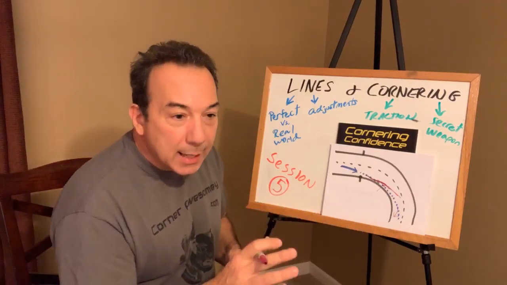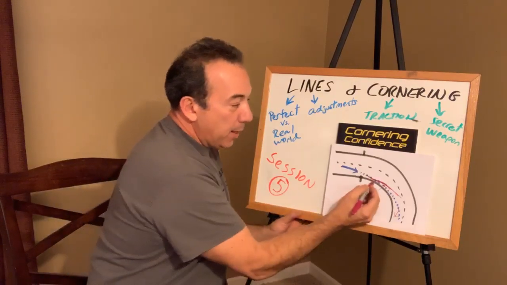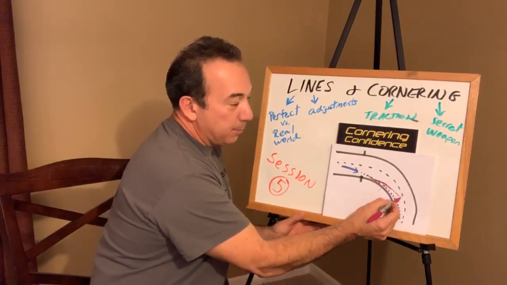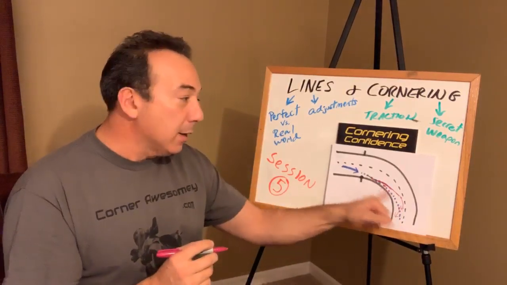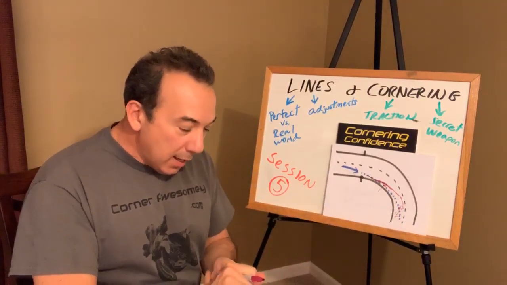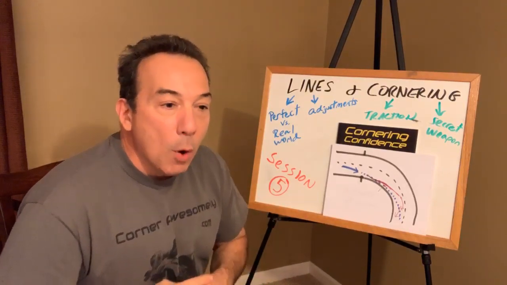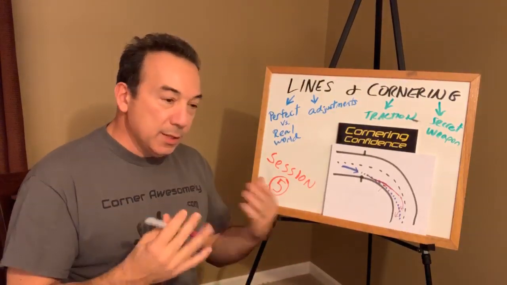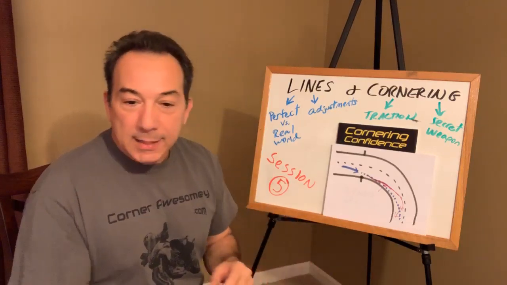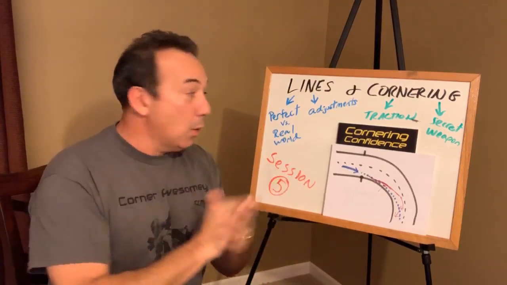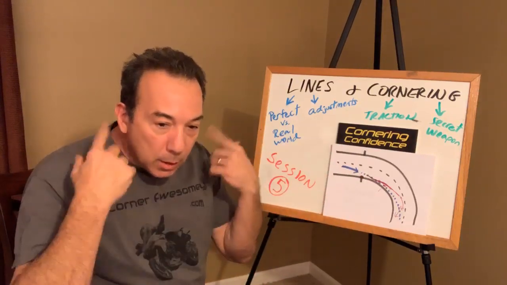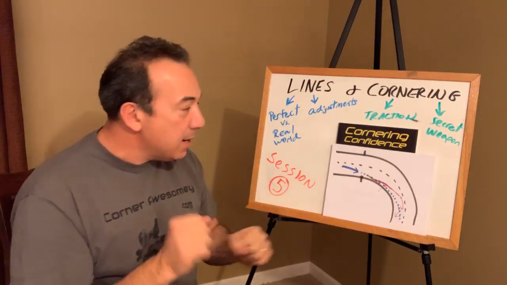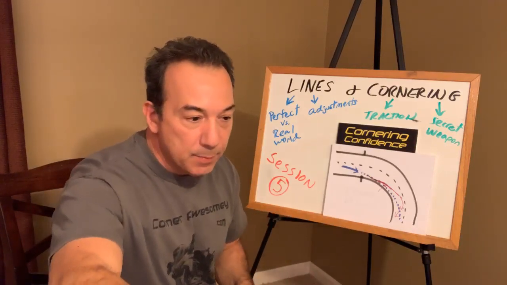Now the front brake over here would perhaps bring us in, or we could roll off the throttle to change that line as well. And so you guys are getting it. Hopefully this is something that you've been practicing out there on the road. We're just getting the idea in your head that you can make those adjustments in the corner.